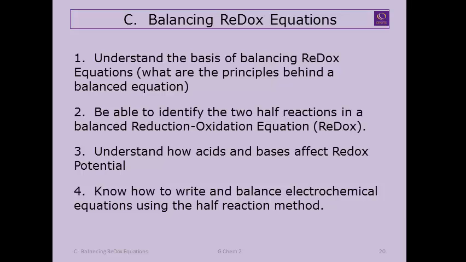I hope this helps you with these principles, and with being able to do the half reaction method to balance a redox equation.